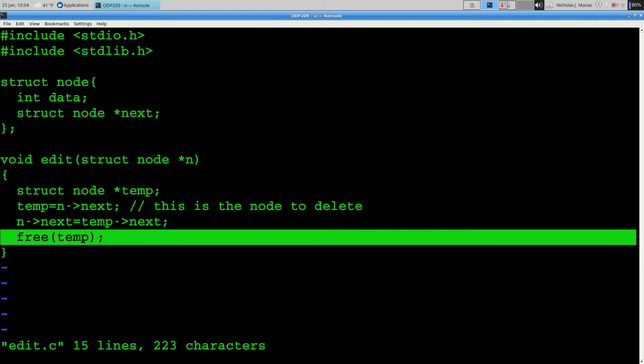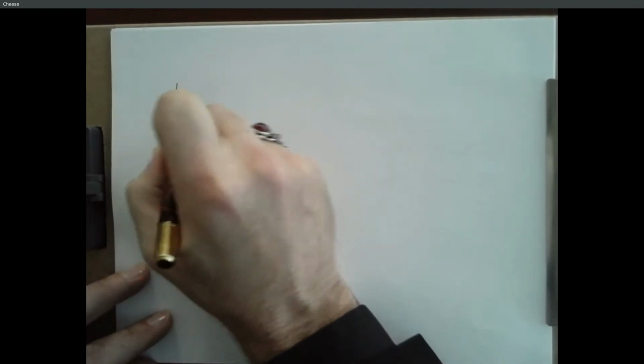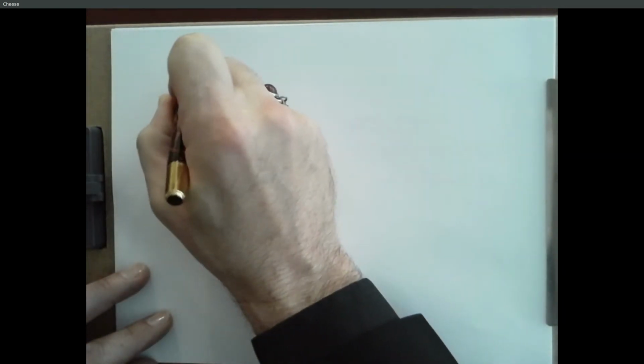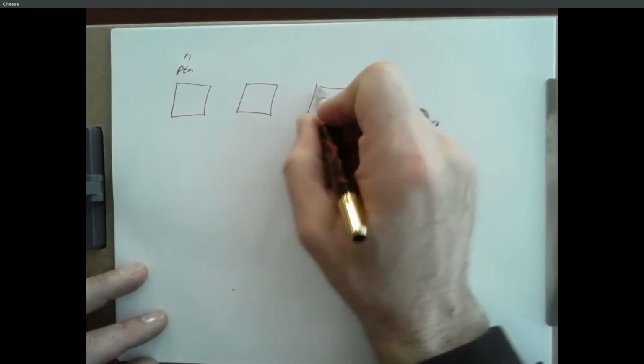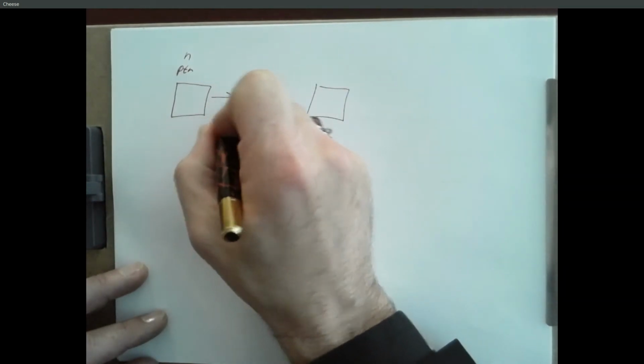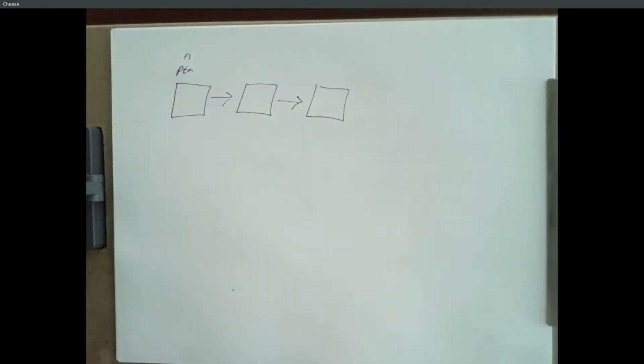And the reason I use the temporary here is the following. So here's pointer, which I called n. There's your list.